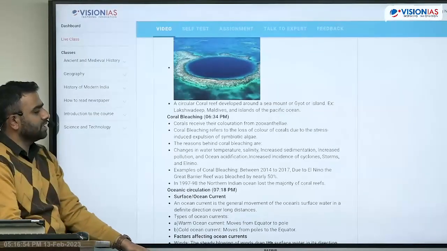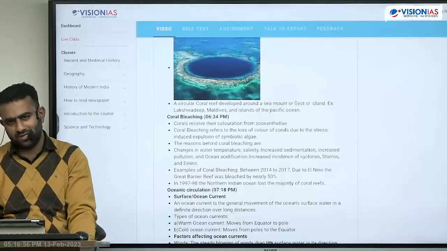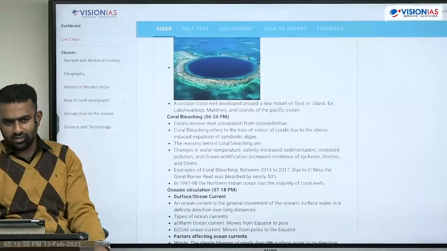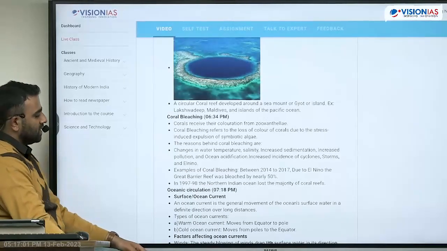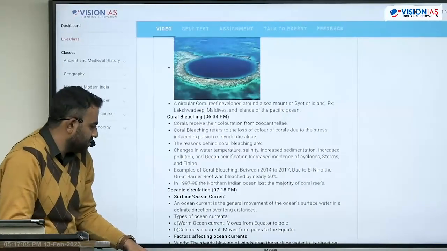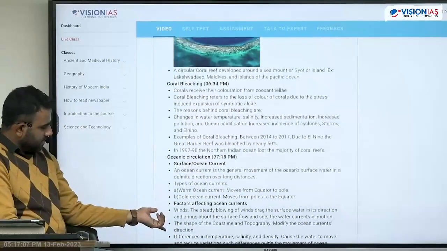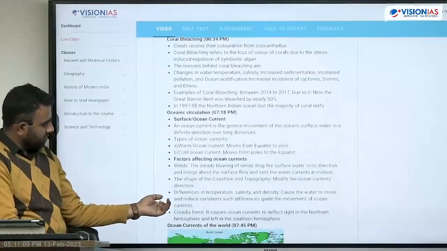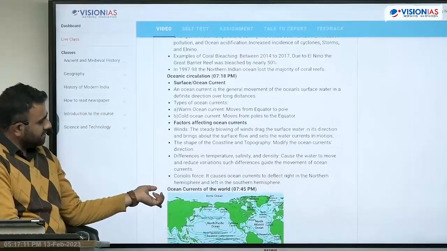If the conditions which support the coral reefs are disturbed, that results in coral bleaching. Okay, so large scale events have happened in recent times, and we have lost a major part of the coral reefs. So climate change and global warming are important factors in that context.